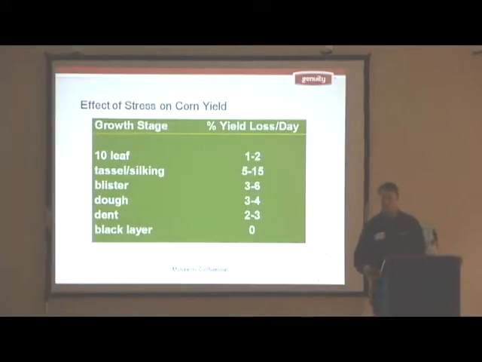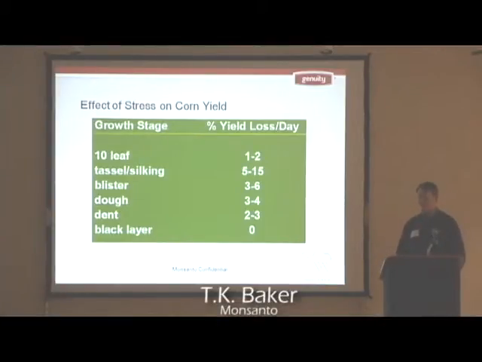Obviously, we all understand that reproductive silking and tasseling stage, that's your dramatic yield loss potential right there. And we always want to make sure we've got good water underneath those plants when we enter those stages, and then all the way through grain fill and to black layer.